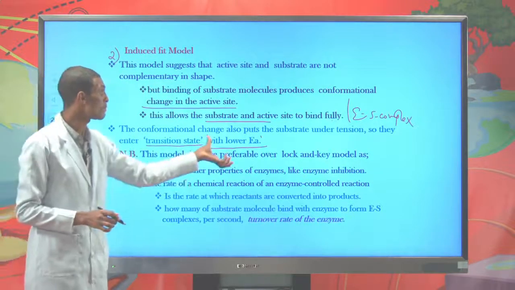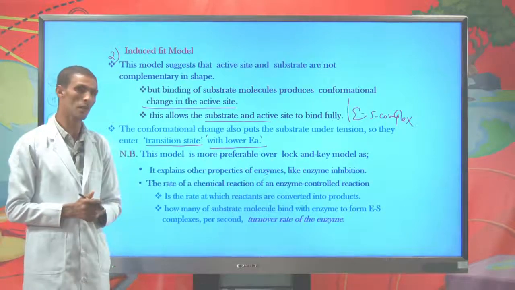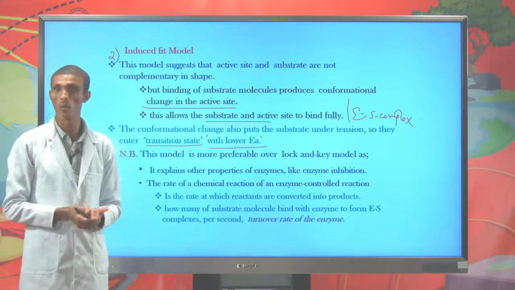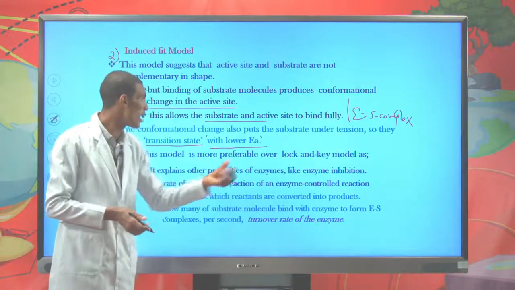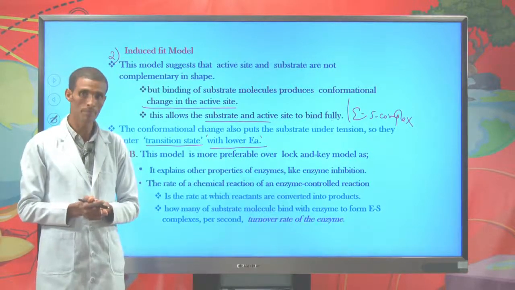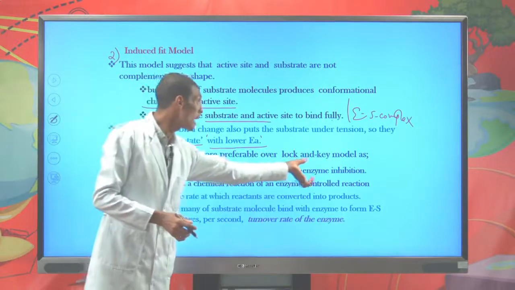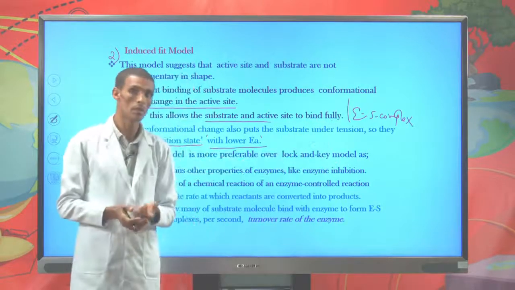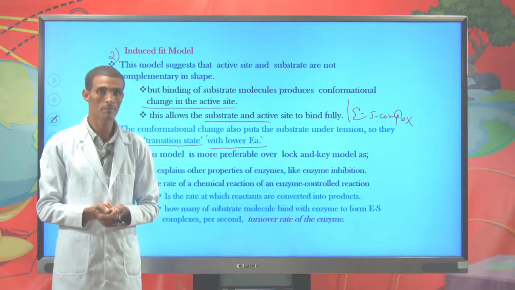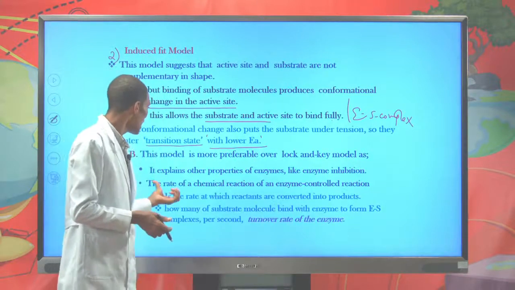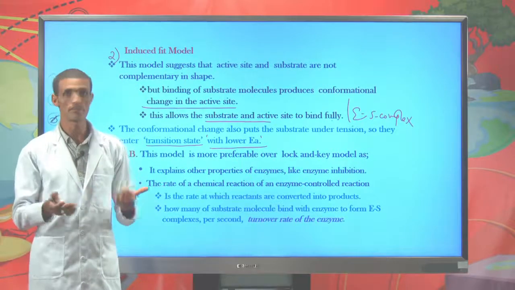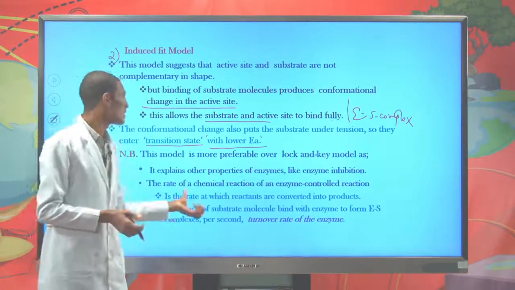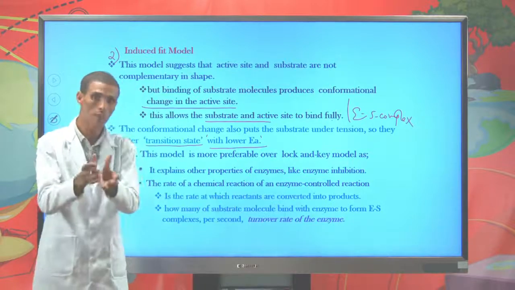This model is preferable over the lock and key model for the following reasons. One, it is able to explain another property of enzymes, like how an enzyme can be inhibited by another factor. Another, it can help understand enzyme controlled reactions, the rate at which reactant is converted to product.